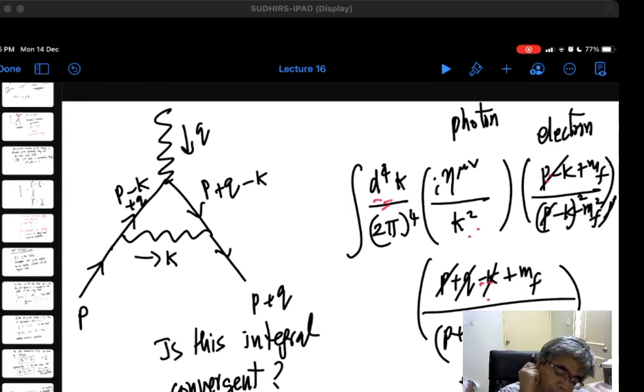The way we want to look at it is a very simplified thing, because I'm not going into the details. This propagator should be very carefully evaluated in the complex momentum space, with some prescription, and even this integral has to be done very carefully in the momentum space. But it is easy to know whether this integral is divergent or not by something called power counting. It's a fancy way of calling something.